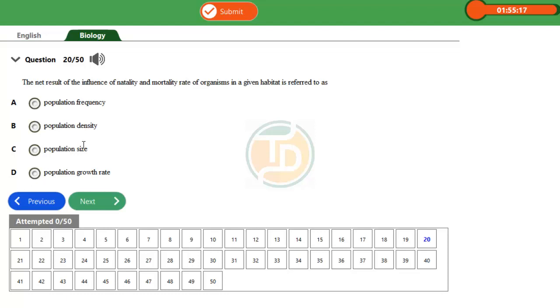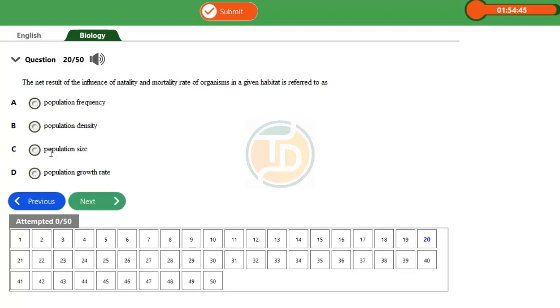And the question is asking you the net result of the influence of organisms giving birth and the influence of organisms dying in a given habitat is referred to as dash. Meaning, the question wants you to look at the influence of these two factors on organisms in a given habitat.